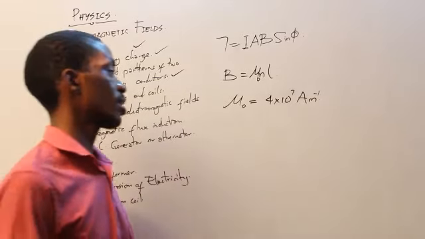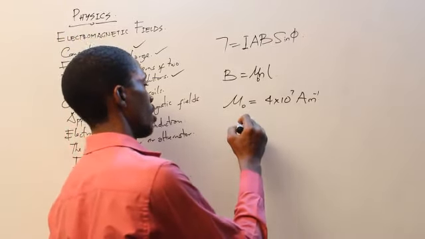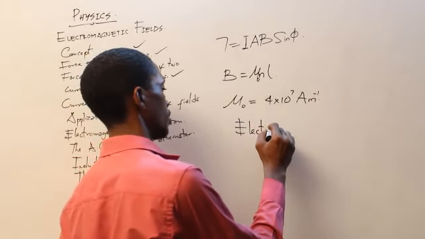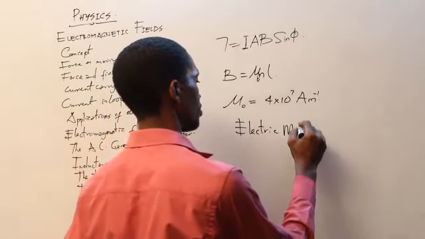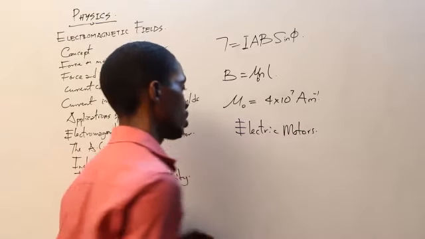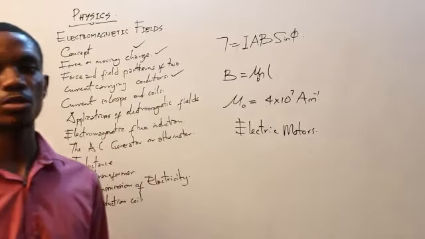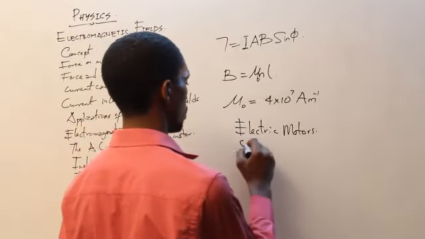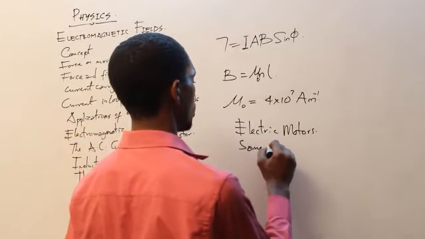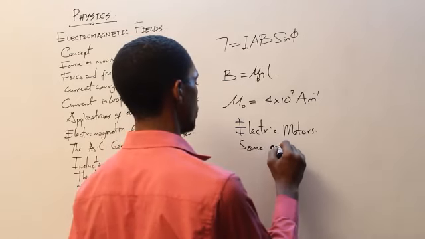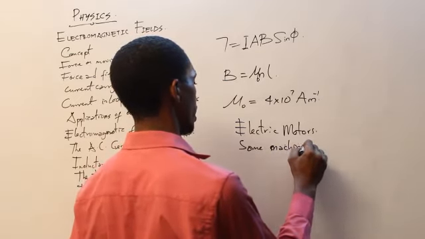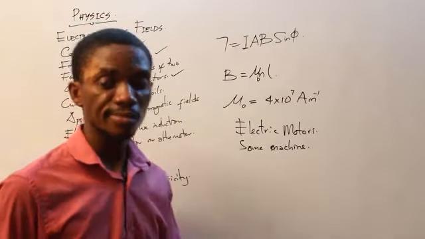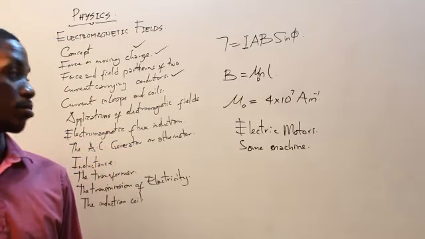We use electromechanical fields in our electric motors, and not only in our electric motors, we use them in the operation of some machines, both simple and complex, machines like the electric gong bell.